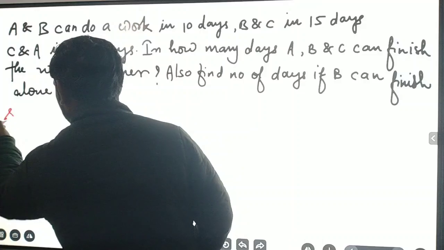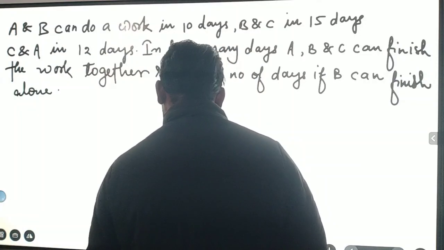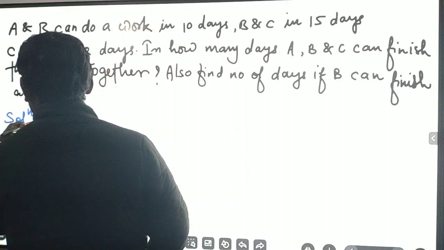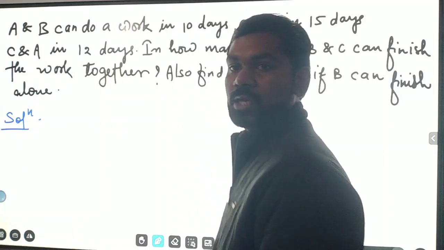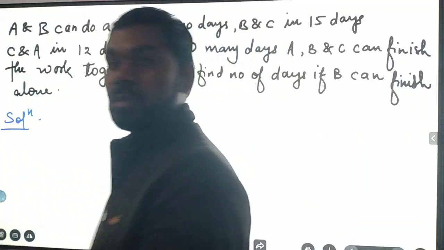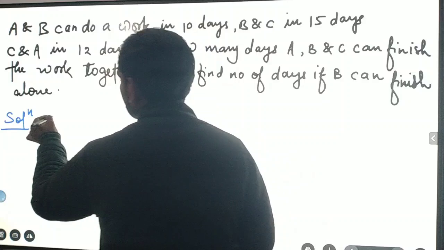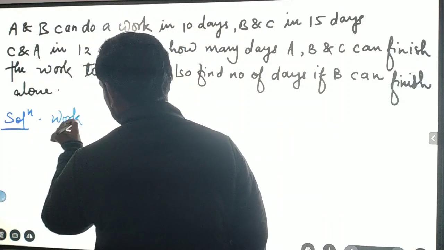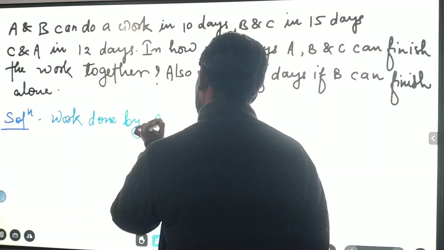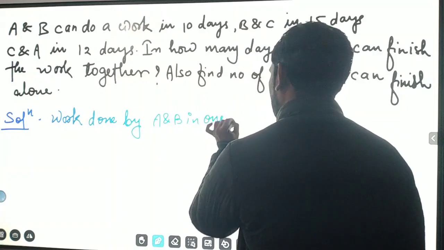First, here we write its solution. As we know, we have to find out the solution, so we write work done by A and B in 1 day.